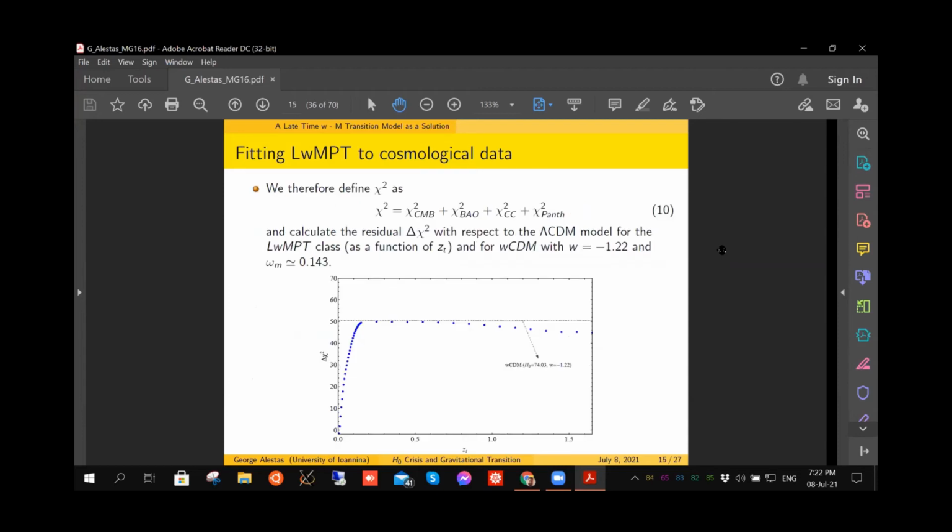Now, defining the chi-square as equation 10, and calculating the residual delta chi-square with respect to the Lambda CDM model for the LWMPT model as a function of z_T, and for wCDM with a value of w of minus 1.22 and omega_m h squared of 0.143 that claim to solve the H0 tension, we see that the LWMPT model provides a far better fit for low z.